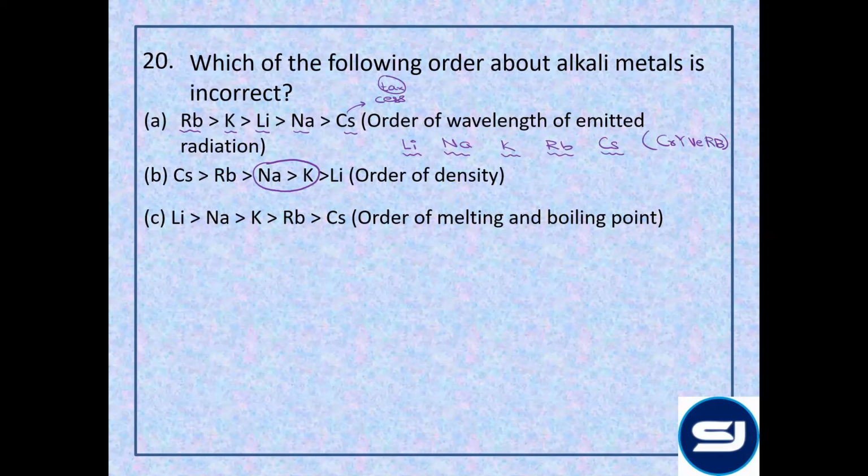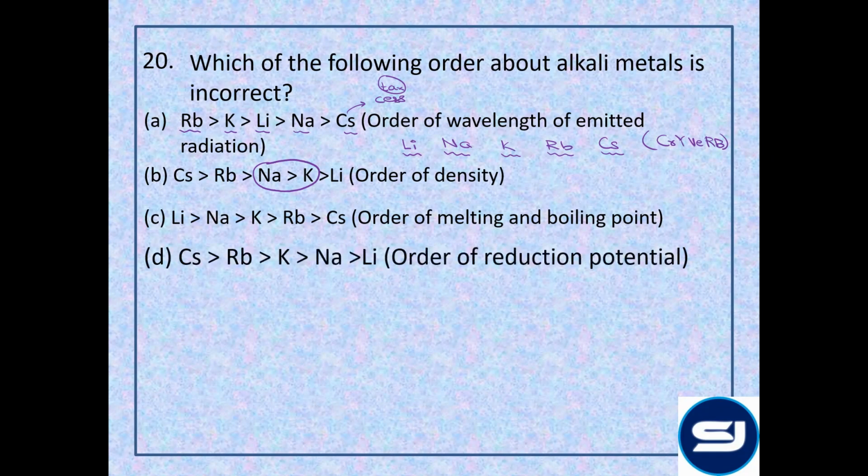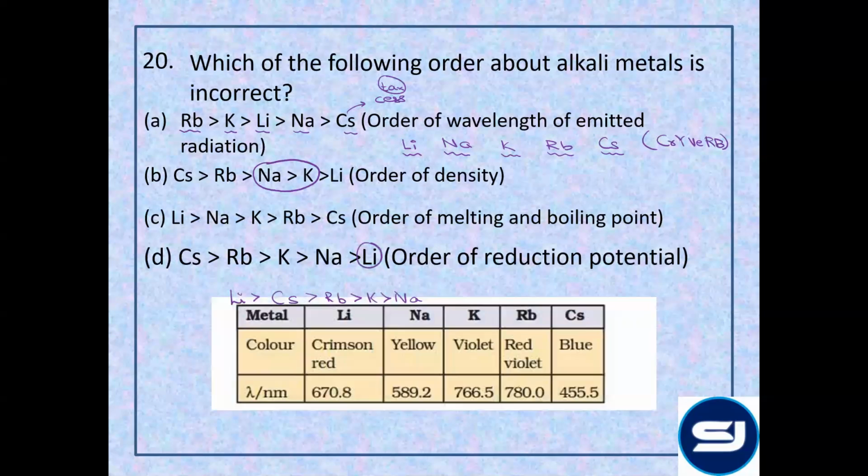Li का जो लेटाइज स्ट्रक्चर है वो काफी स्ट्रॉन्ग रहता है, इसीलिए down the group the melting and boiling point decreases without any exception. Simple order and it is correct. Order of reduction potential: cesium, rubidium, potassium, sodium, lithium. यही incorrect है ना, because lithium as an exception has the highest reduction potential. तो correct order होना चाहिए लिथियम के बाद सीजियम, रुबिडियम, पोटेशियम और सोडियम. यहाँ पर तीन important exceptional trends मैंने इस MCQ में कवर करने का ट्राई किया है.